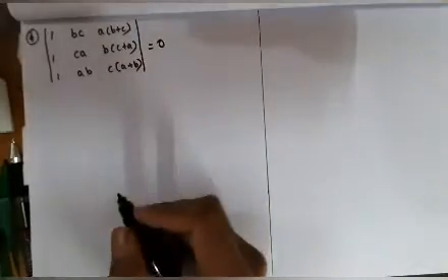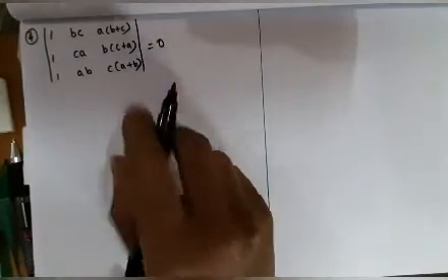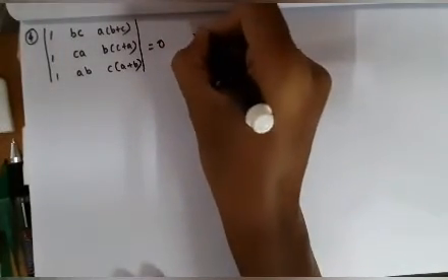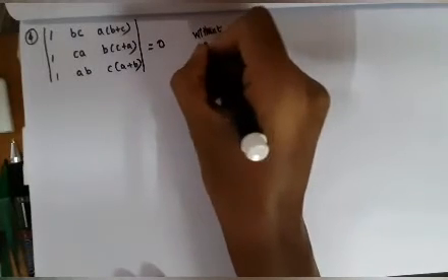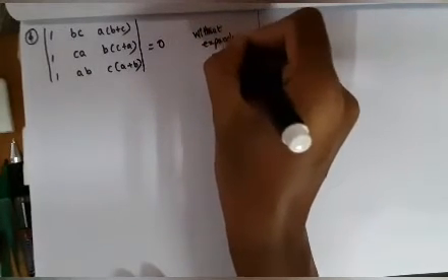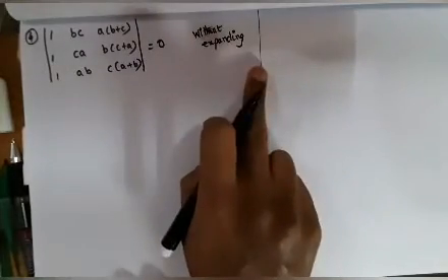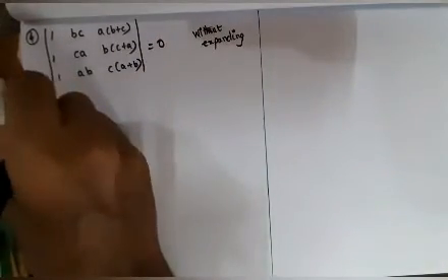The determinant with rows 1, BC, A into B plus C; 1, CA, B into C plus A; 1, AB, C into A plus B equals 0. Prove the following determinant without expanding. Solution.